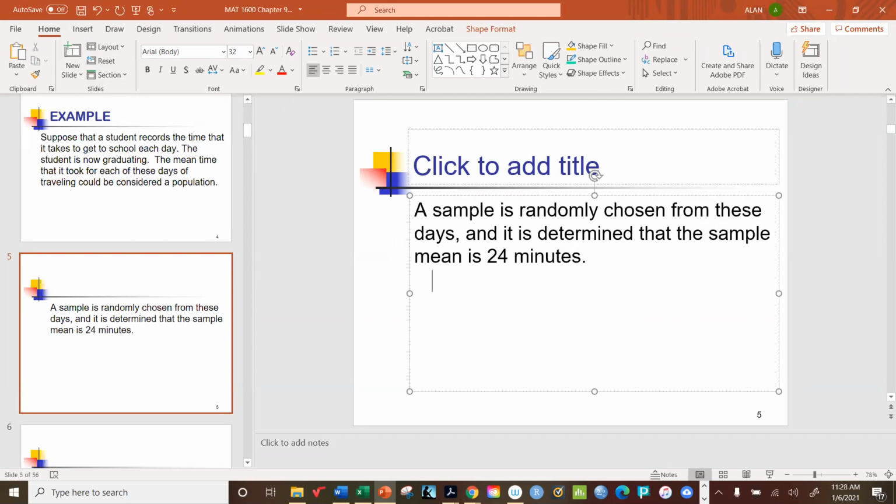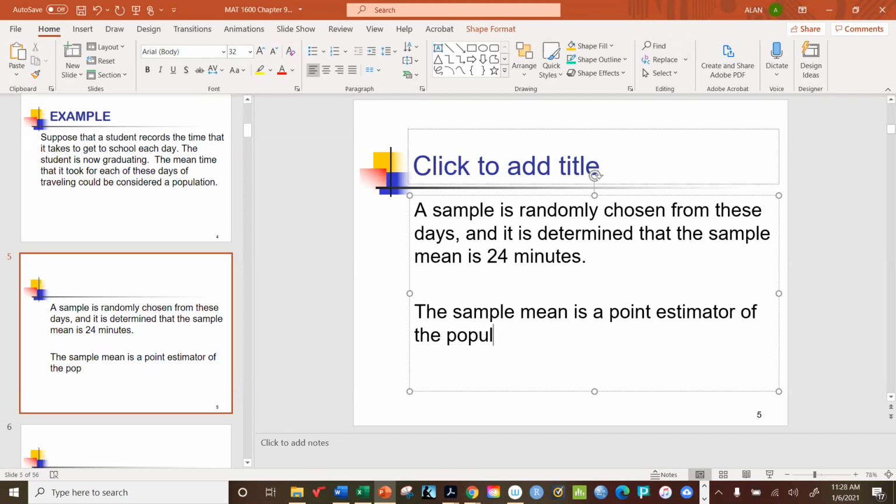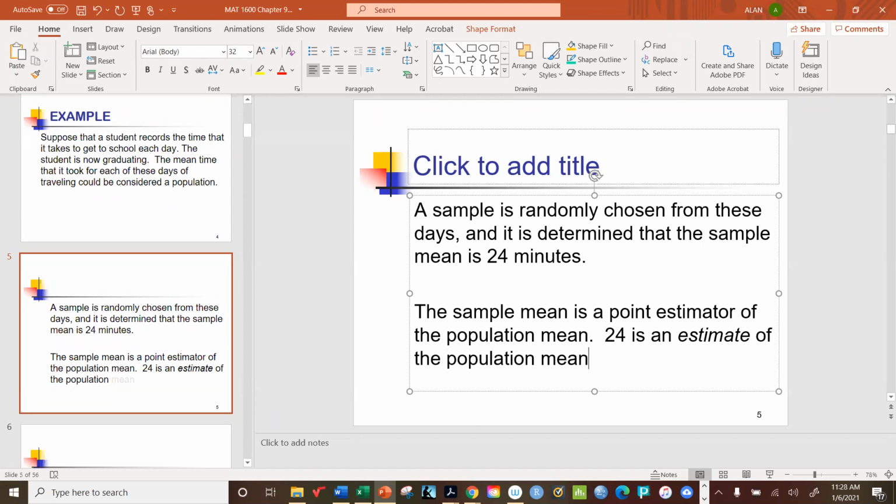Okay, so the sample mean is a point estimator of the population mean, but 24 is an estimate of the population mean. In other words, we're making a distinction here between the words estimator and estimate. It's a very subtle distinction, but it's important to be aware this is what's happening in the background for all the calculations that we will be doing.